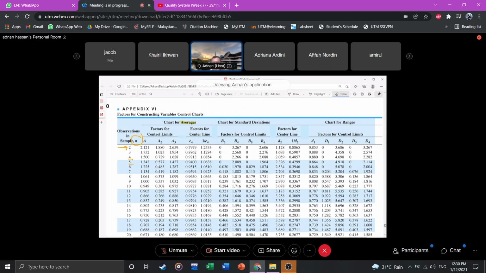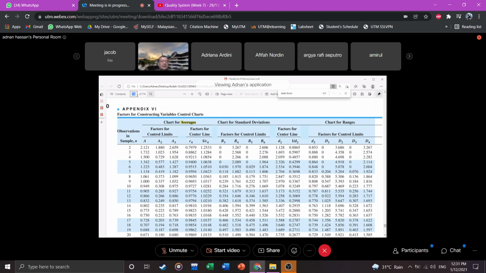This is where you have the individual control chart. Without two values, we cannot get the R. The technique used here, we call it moving range. So to get the range, we need at least two values. That's why n is equal to 2. Is it clear? Okay, Doctor, clear.